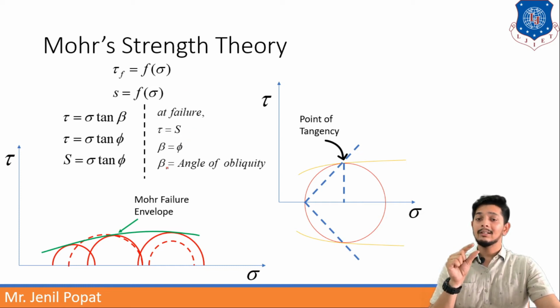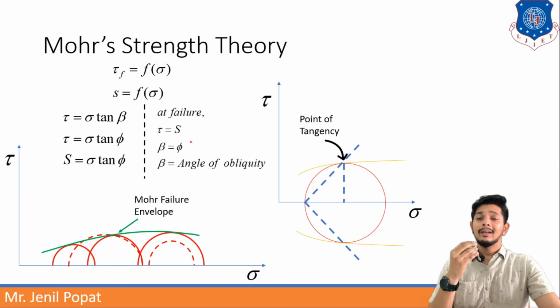In the same way, at failure we can write beta as phi, or beta as the angle of obliquity. Beta is known as the angle of obliquity. So tau is equal to sigma tan phi, and S, the shear strength of soil, is equal to sigma tan phi.